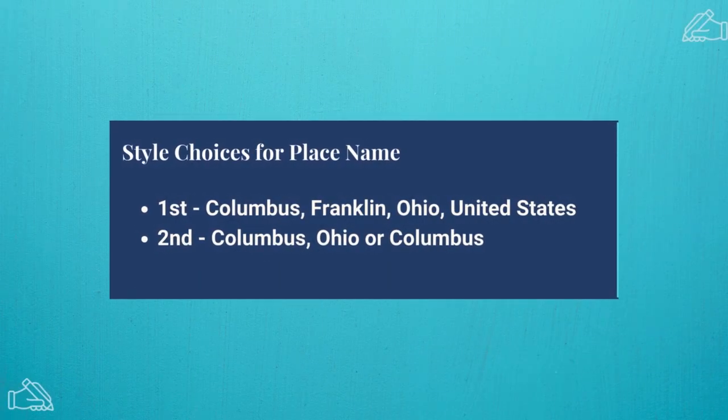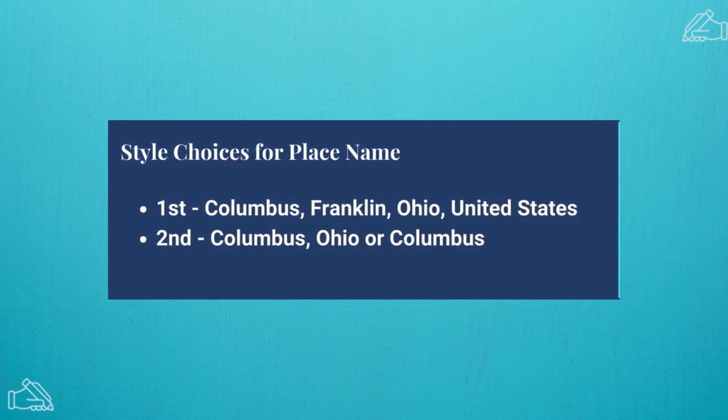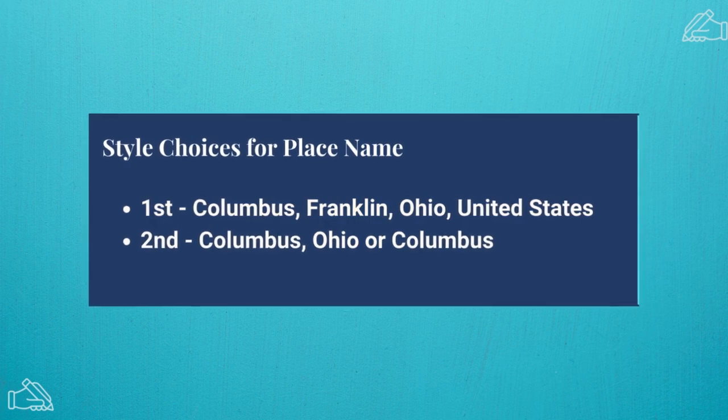Instead, you can use first and second references. For example, in the story of my ancestor Lewis Brown, when I mentioned the first event in his story, I would use my preferred style of Columbus, Franklin, Ohio. The next time I mentioned an event in his life and that happened in that city, I could use Columbus or Columbus, Ohio.